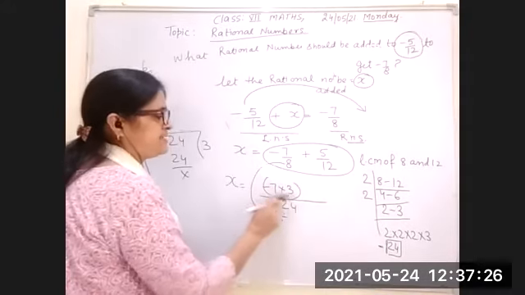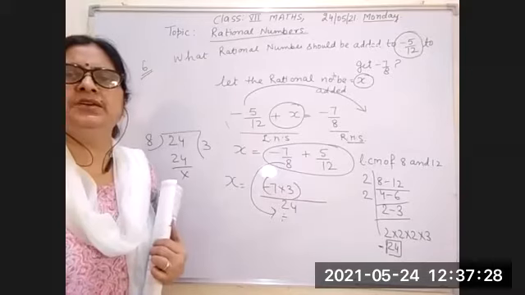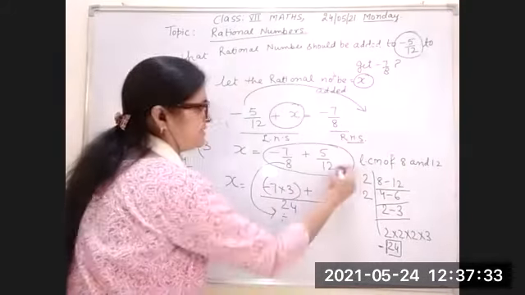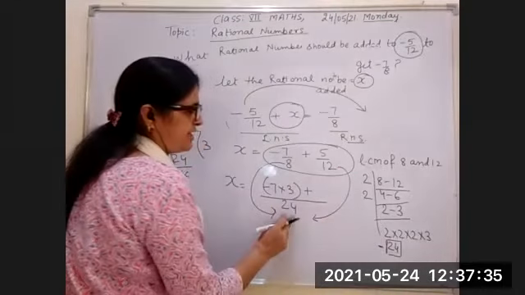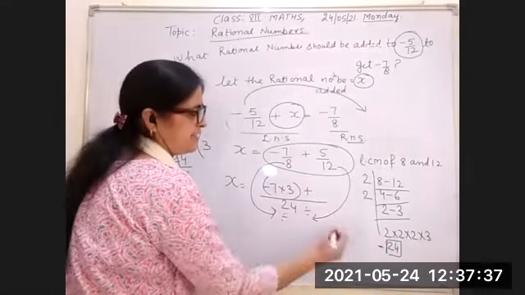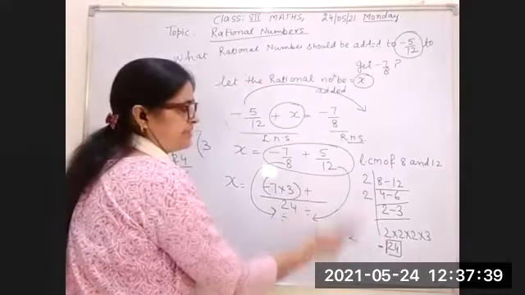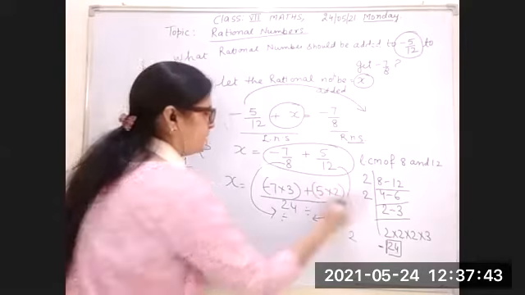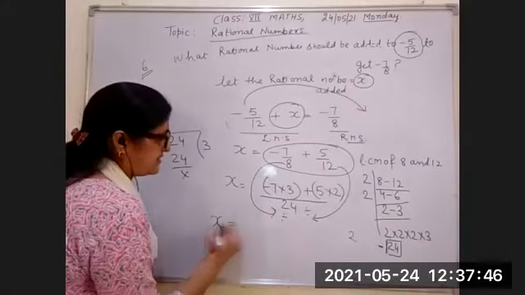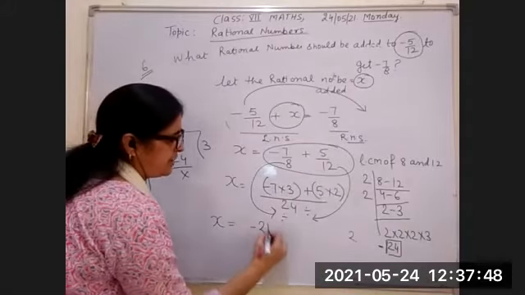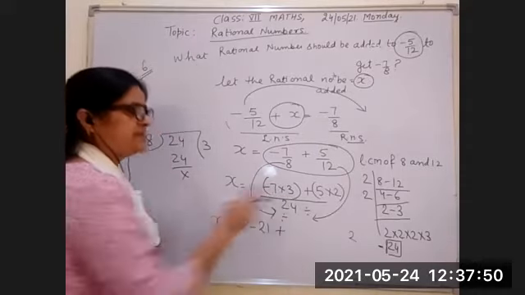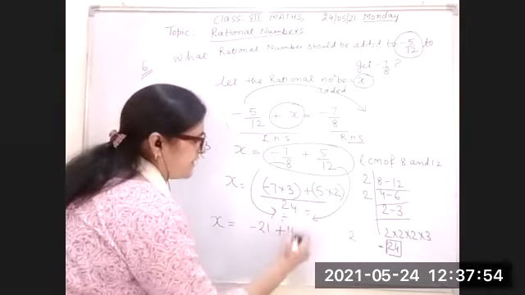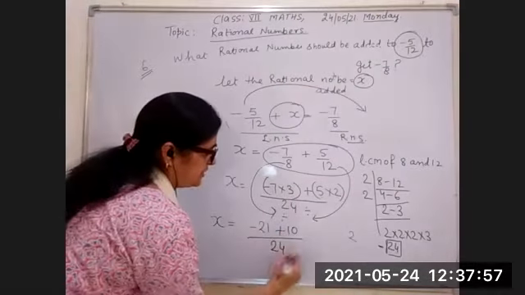So when minus 7 is multiplied by 3, you get minus 21. Now the plus sign is given. Again, divide 24 by 12 and you get 2. And 5 is multiplied by 2, which gives 10. So the answer is minus 21 plus 10 upon 24.